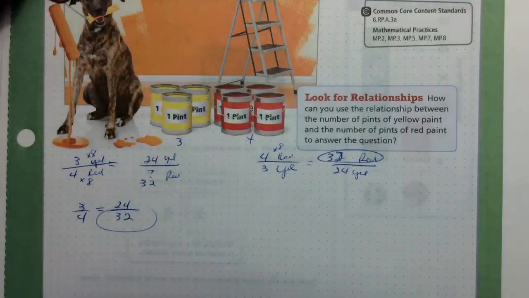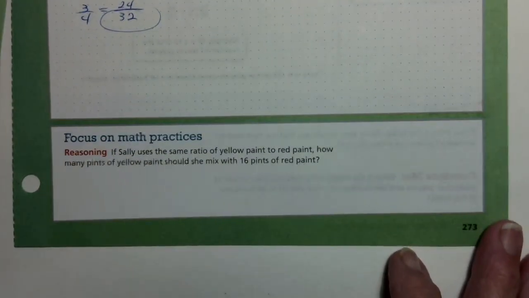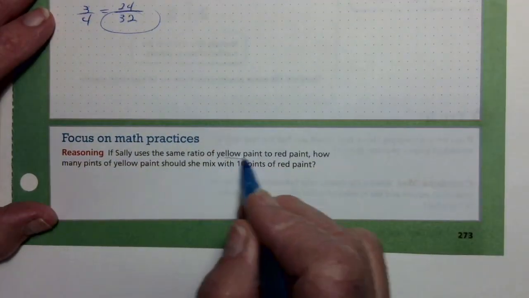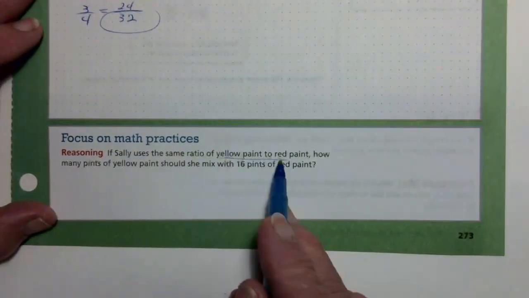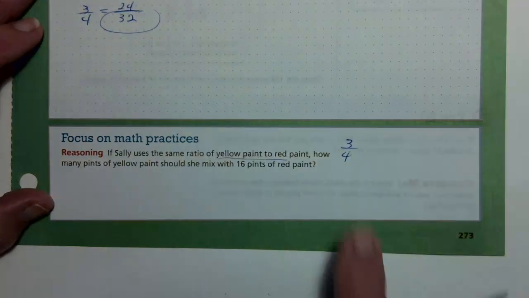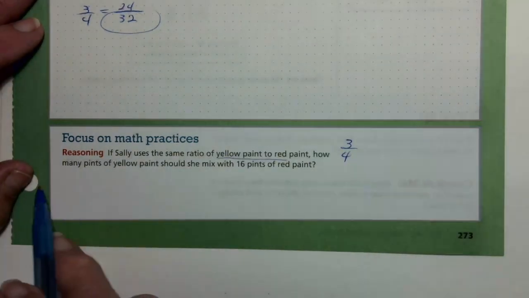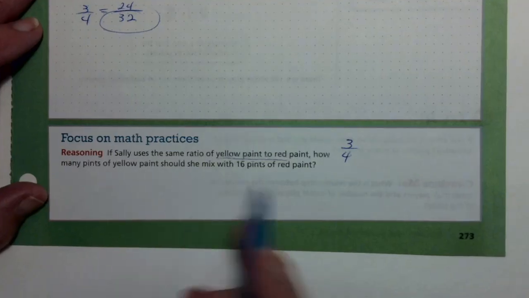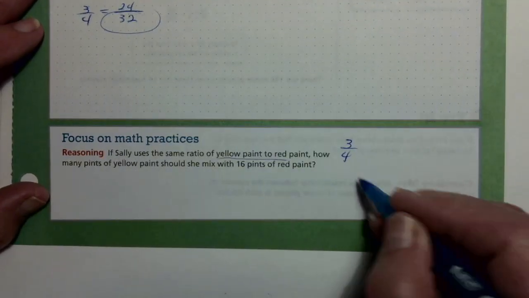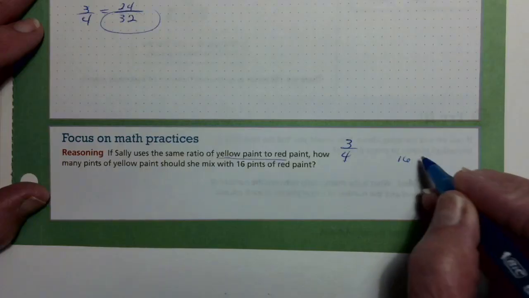All right, let's go down here to the focus on math practices. If Sally uses the same ratio of yellow to red, so they said which one to put where, so it's yellow to red, same ratio, how many pints of yellow should she mix with 16 pints of red? So we want to grow this 4 into a bigger batch. We want it to be 16.